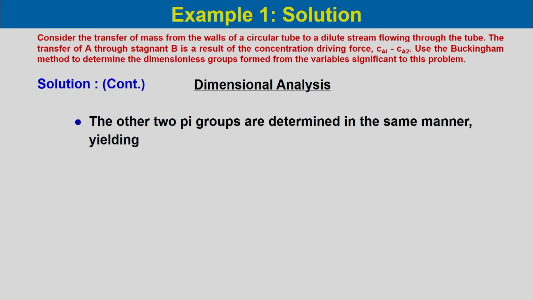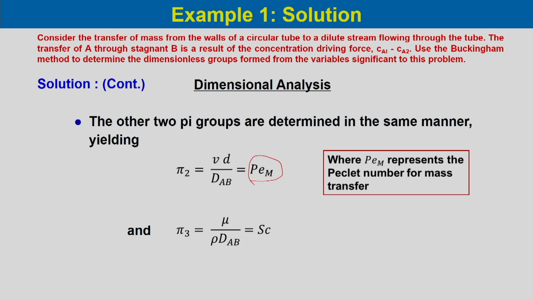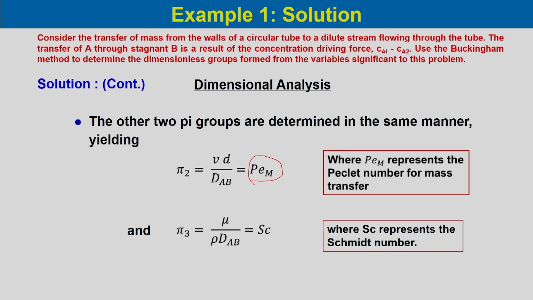The other two pi groups are determined in the same manner, and that will yield pi 2 equal to V D by DAB, which is the Peclet number in the case of mass transfer, and pi 3 is mu by rho DAB, which is the Schmidt number.